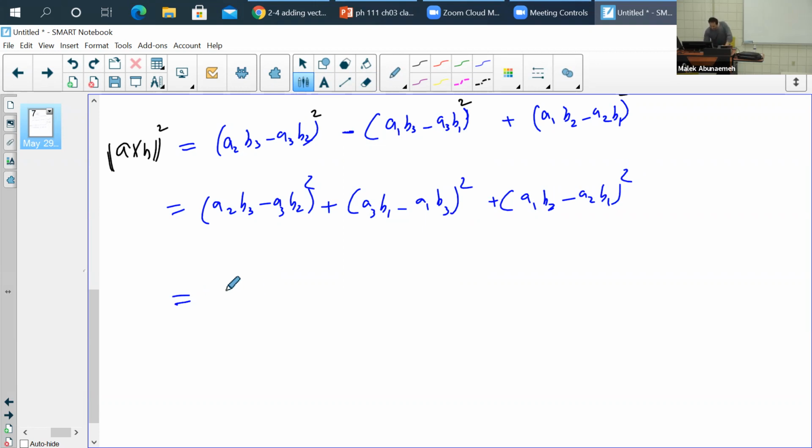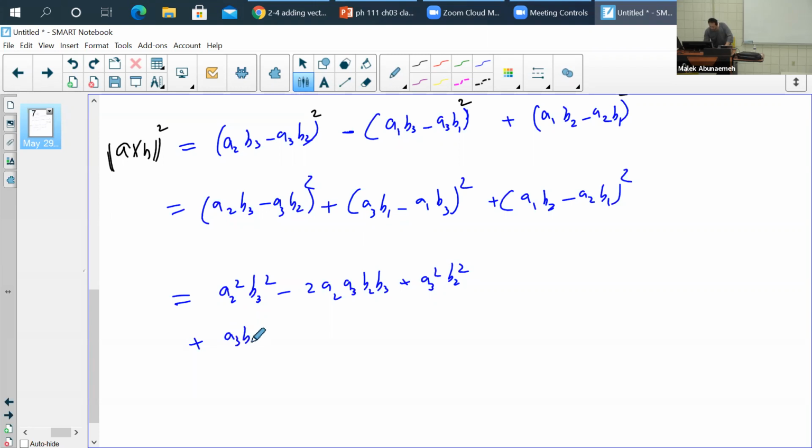So opening this up, you're going to have A2 squared B3 squared minus 2A2 A3 B2 B3 plus A3 squared B2 squared, plus you got this little fellow over here.